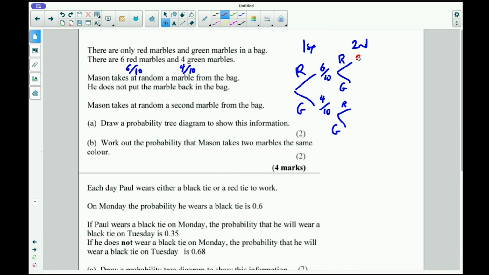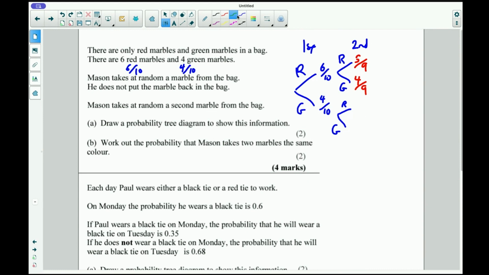There are now 5, but instead of having 10 marbles altogether, there are now only 9. For the green marbles, we didn't change how many there are, so there's still 4, but again, we're choosing out of 9 marbles instead.